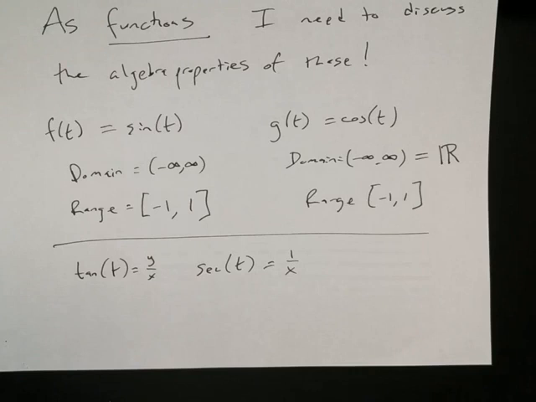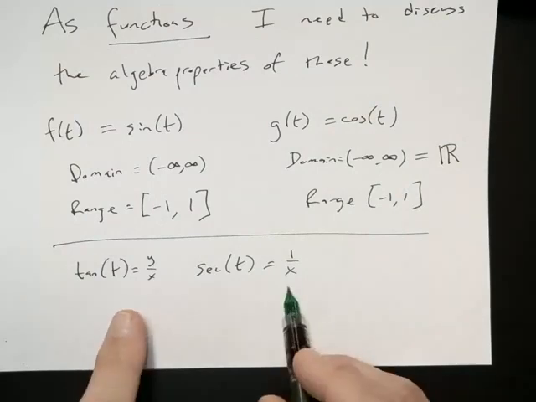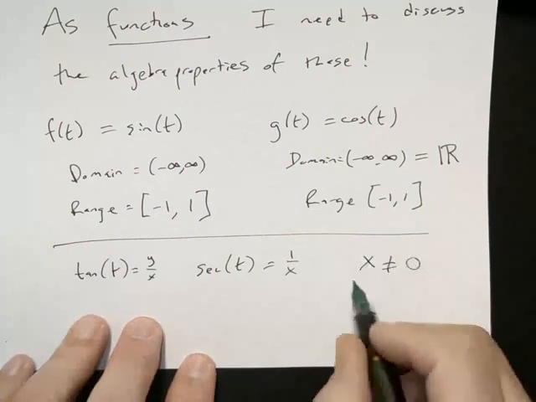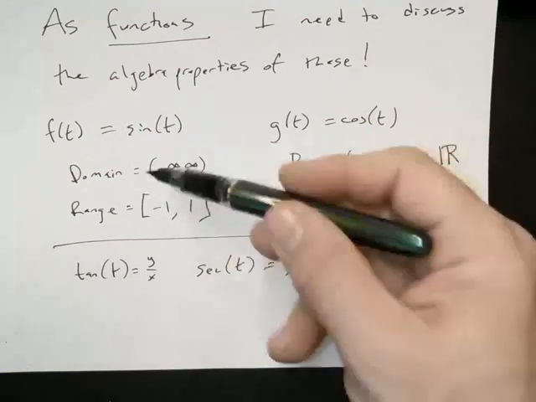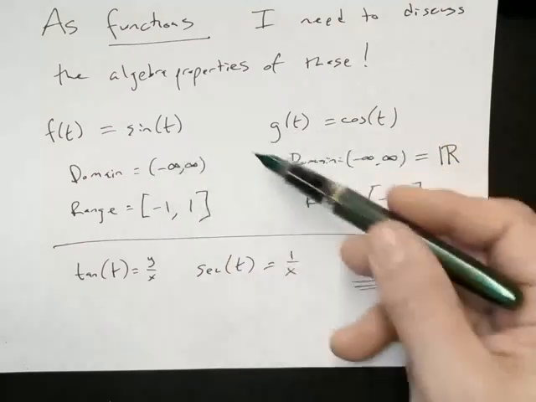Where does division get messed up? Any number over 0. And since the bottom here is an x, whenever x is 0, I can't do this. But x goes with which of these 2 trig functions? Cosine.